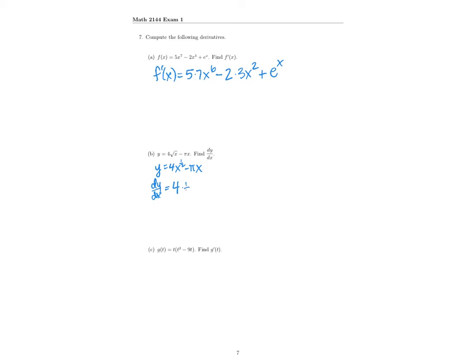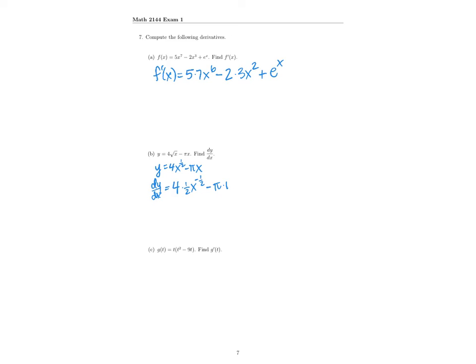Then I'll have 1/2 x to the 1/2 minus 1, which is negative 1/2. Minus, and again, the pi is going to stay put, and the derivative of x is 1. And so there's that derivative.